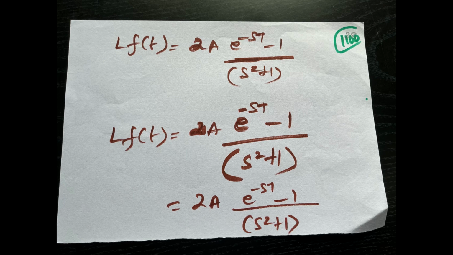In exponential format, L of f of t is 2a e power minus s pi minus 1 divided by s square plus 1. That is the answer of the Laplace transform of periodic functions, type 2.